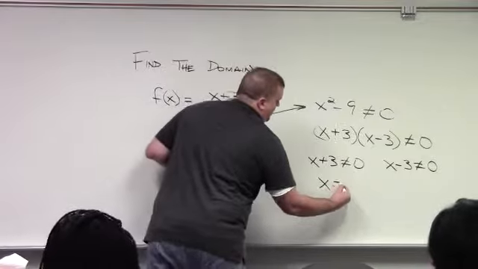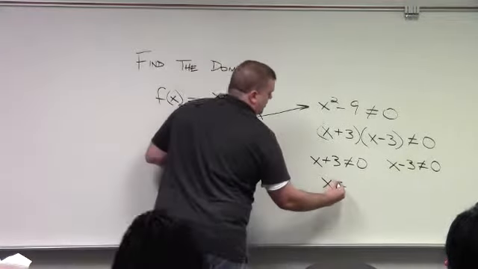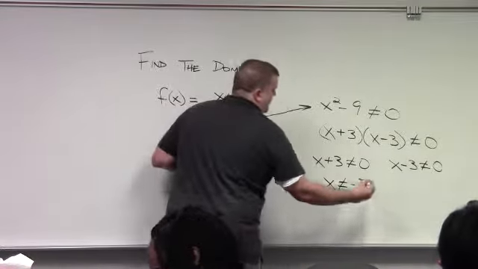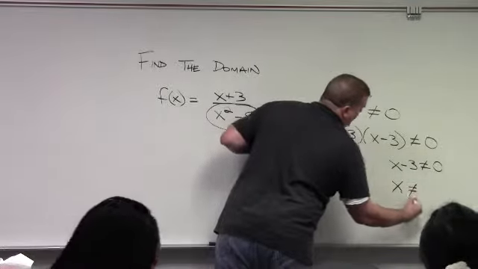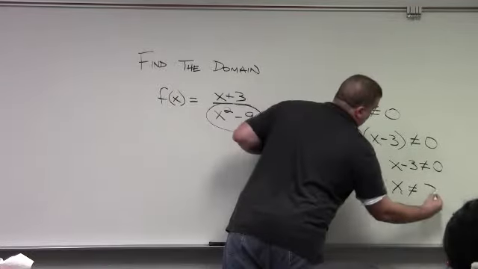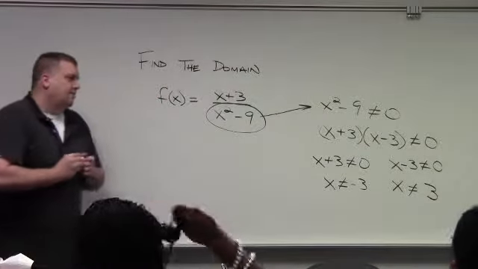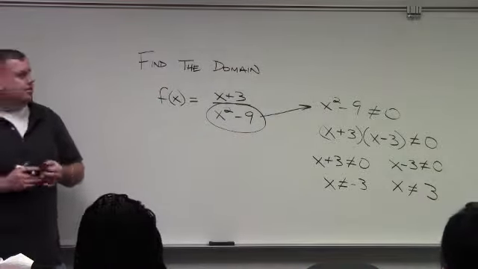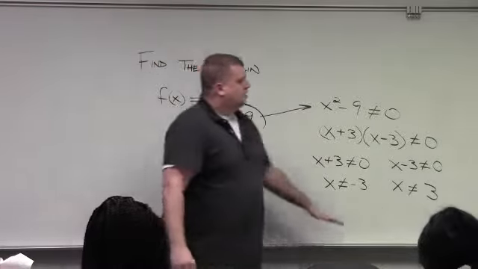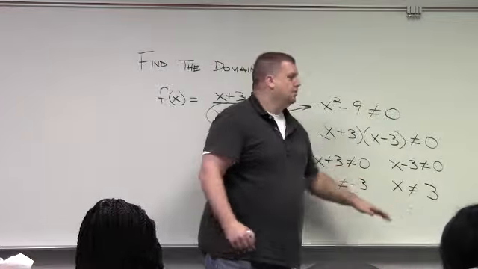So what can't x be equal to here? Negative 3. And what can't x be equal to here? Positive 3. So those are your restrictions. Different instructors have different ways of writing it. There's interval notation. Most instructors are good to hear these restrictions.